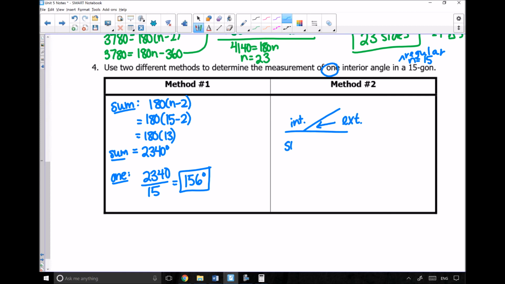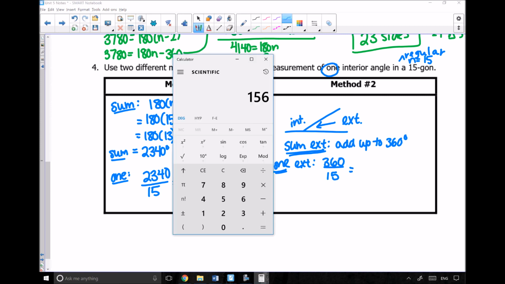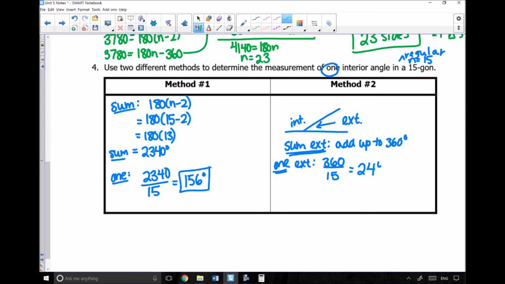And we know that the sum of the exterior angles add up to 360, right? So let's find one exterior angle. So how do I do that? I just divide 360 by 15, and I end up getting 24. So I know that one exterior angle is going to be equal to 24.